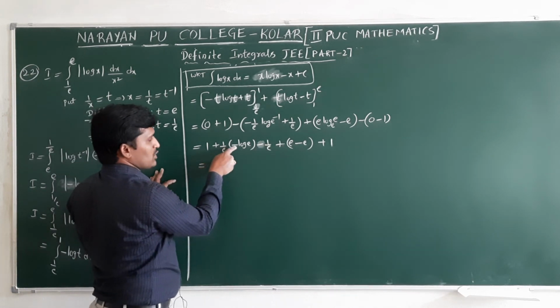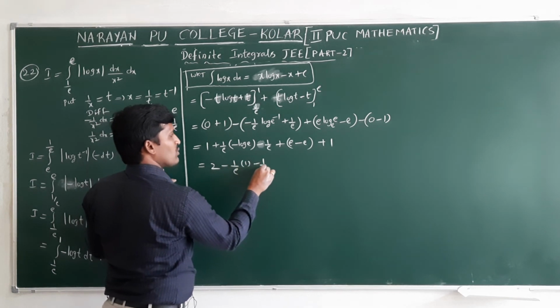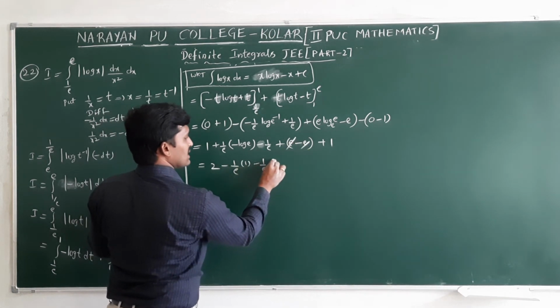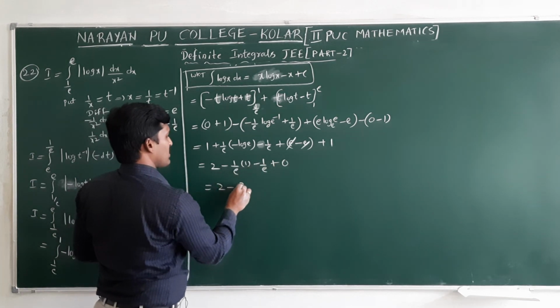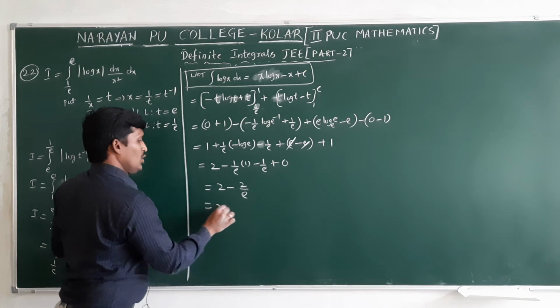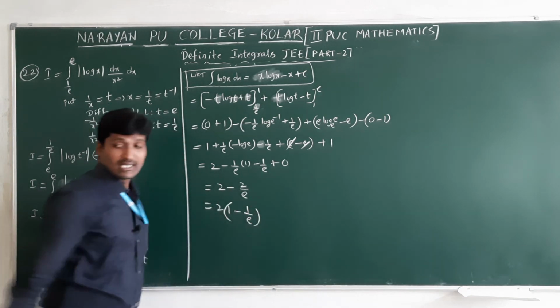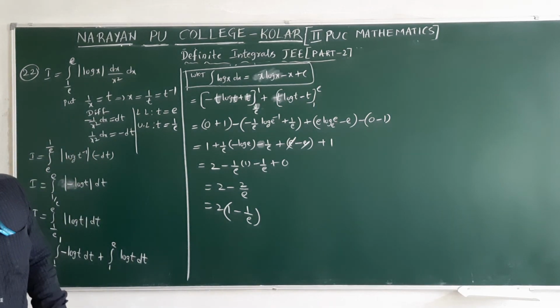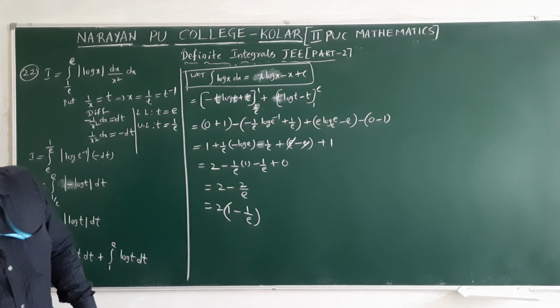Now 1/e into minus, that is minus 1/e, log e value 1 only, minus 1/e. e cancel, that is 0. 2 minus 1/e minus 1/e, that is 2/e. 2 common, you will get 1 minus 1/e is the answer, that is option C is the correct one.